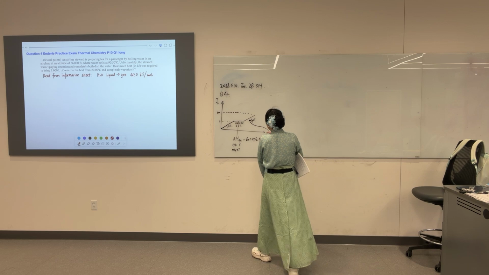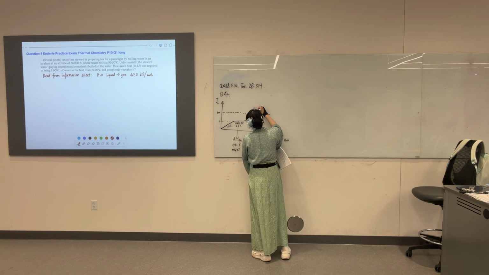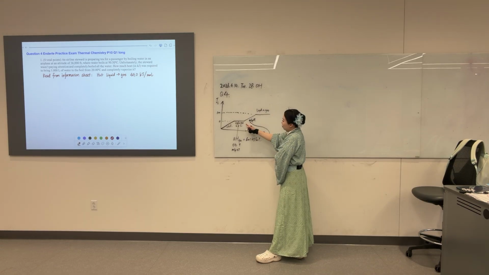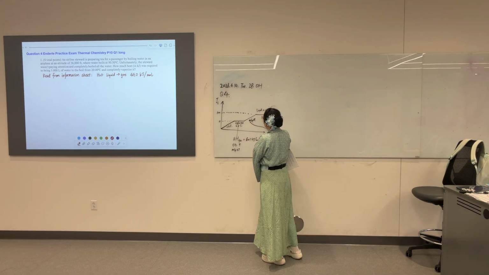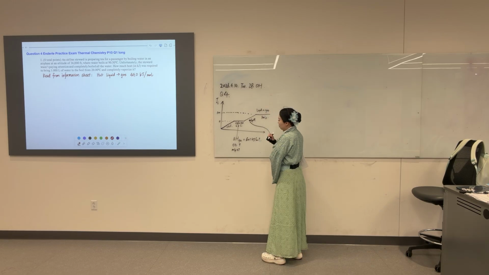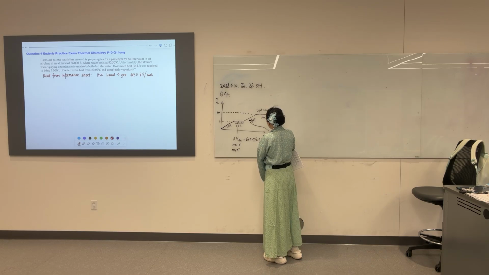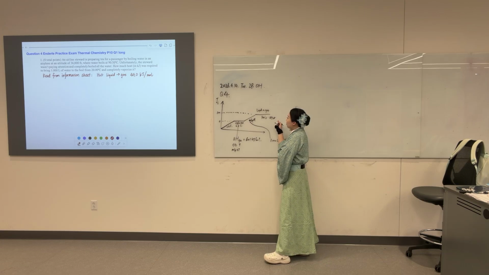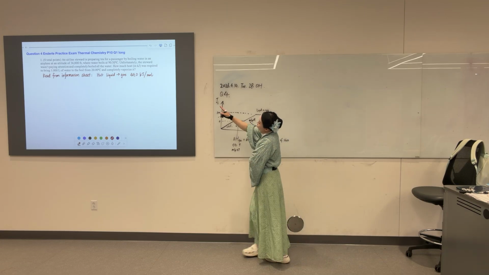After boiling, what happened? It goes from liquid to gas. It's going to plateau on this temperature again. That same thing happens again, it stays at the boiling temperature. Delta T equals 0 because the temperature is the same. But we still have, what did she do?